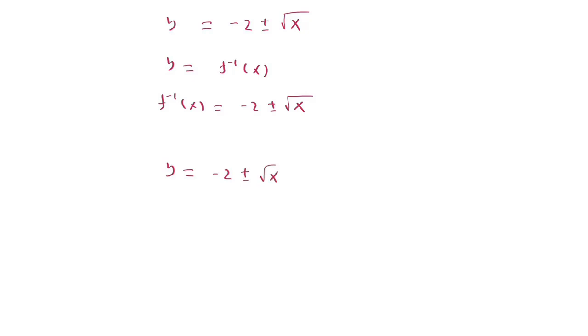So starting with the domain, for y to be defined, the values of x must be greater than or equal to 0, because a negative number will give a complex number for a root. So we are going to have root x is greater than or equal to 0. Let us now square both sides. Our equation is going to be x is greater than or equal to 0. And this is the domain.